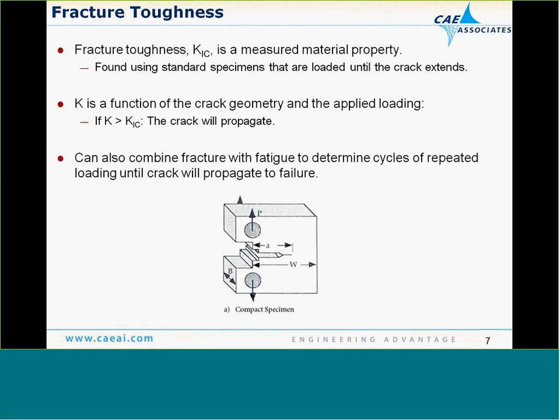For a simple static fracture, you can put your crack in the model, calculate the stress intensity factor, and then compare it to the fracture toughness. If the stress intensity factor for that crack and that loading is greater than the fracture toughness, then the crack will propagate. If it is less, the crack won't.